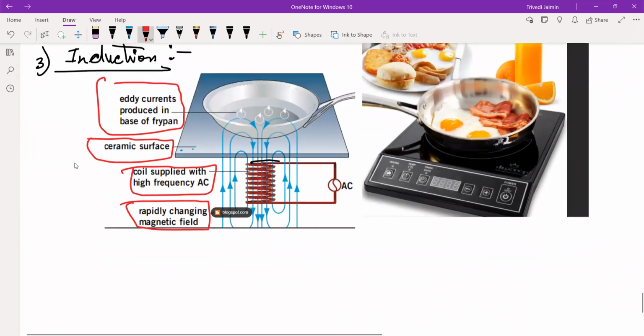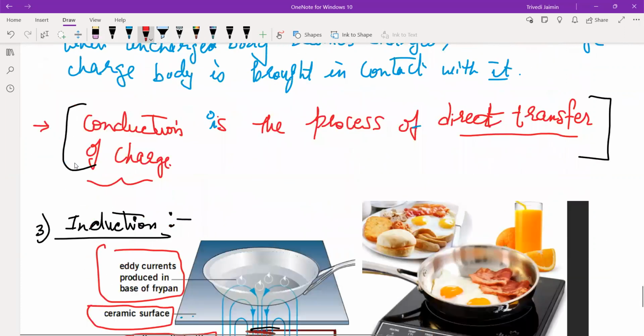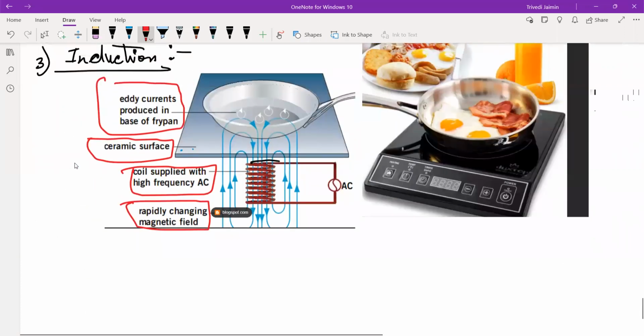Now let's write some points about induction. It's a process of getting charge without any physical contact.